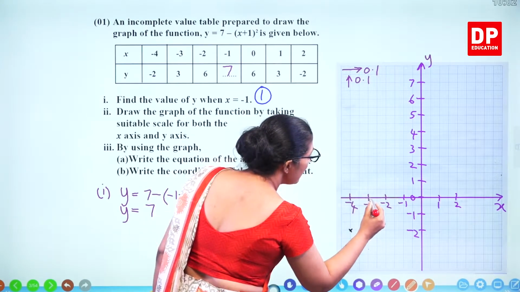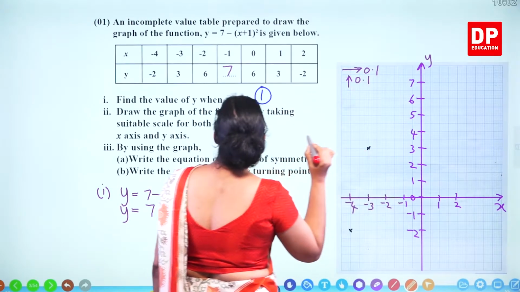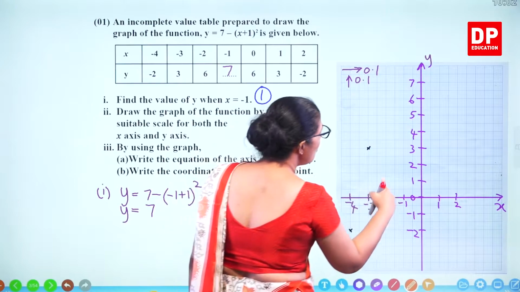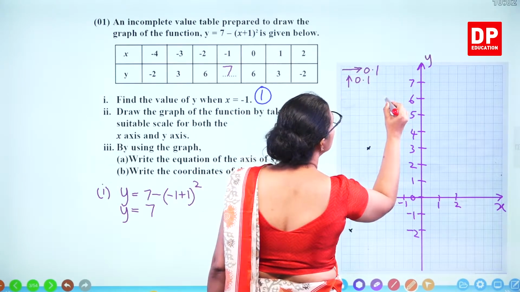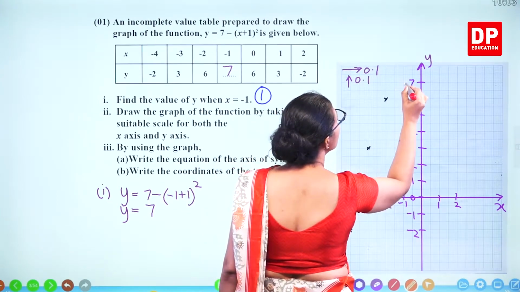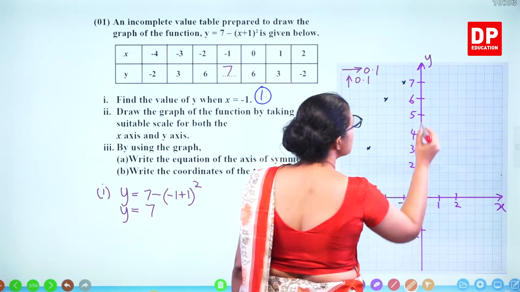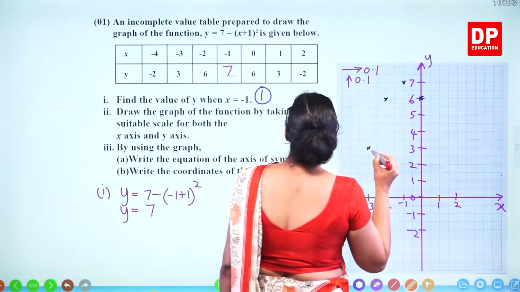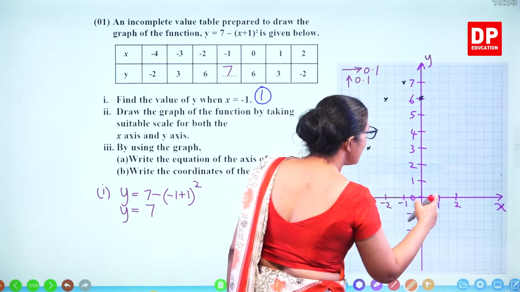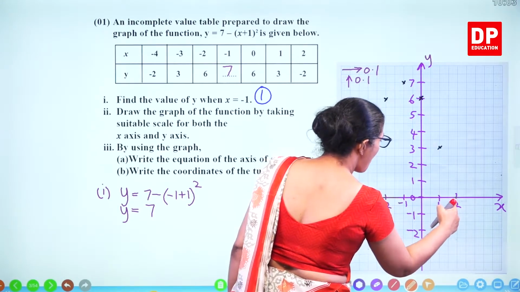Minus 3, 3. Minus 2, 6. Minus 1, 7. 0, 6. 1, 3. 2, minus 2.